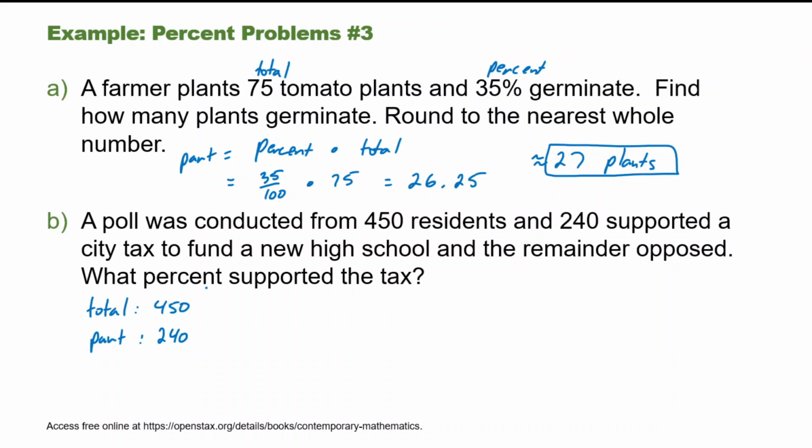We want to know the percentage, so using what I did on a previous problem, the percent is equal to the part divided by the total times 100%. So we have 240 divided by 450 times 100%.